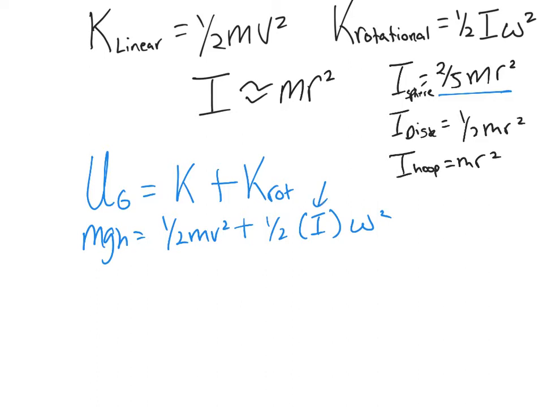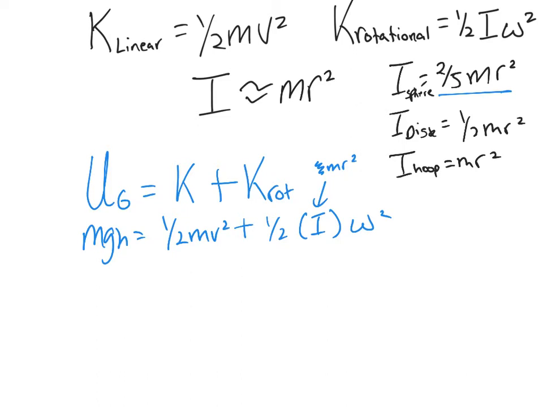Keeping in mind that I is usually going to have something mr squared. All right. Most of the time, I believe with you guys, they're going to give it to you. In Physics C, you have to have them memorized, but I think in y'all's case, they'll give you the I if you need to know the I. All right.